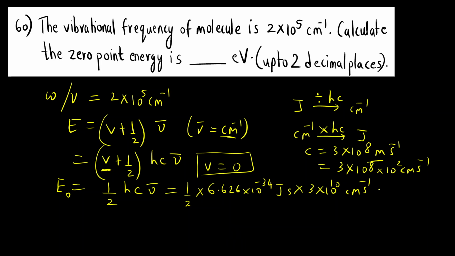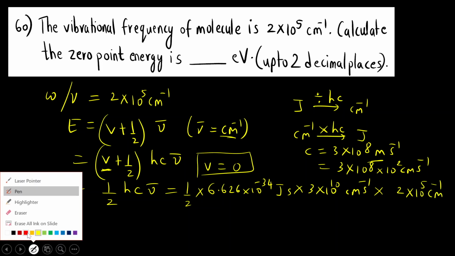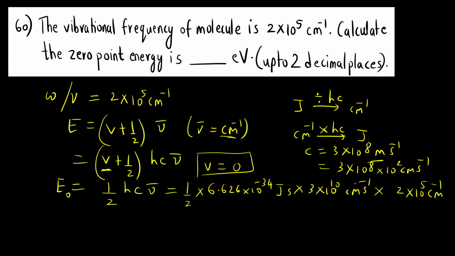That is what I have written. Into frequency, which is given, 2 into 10 raised to 5 centimeter inverse. Here centimeter and centimeter inverse get cancelled, second inverse gets cancelled. We will get the answer in joule. If you solve this, the final answer will be 1.988 into 10 raised to minus 18 joule.